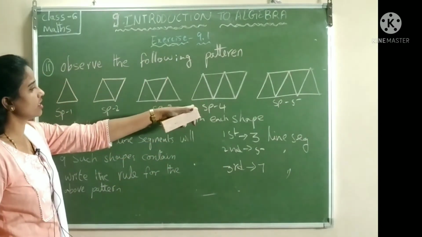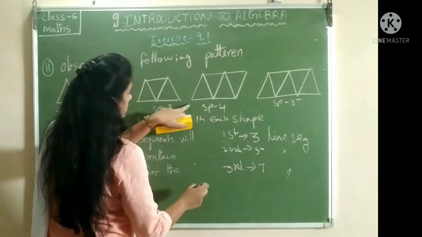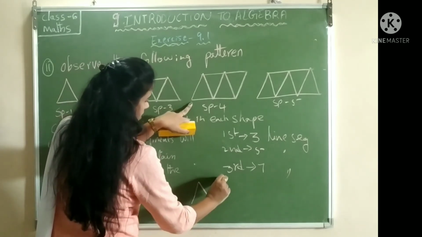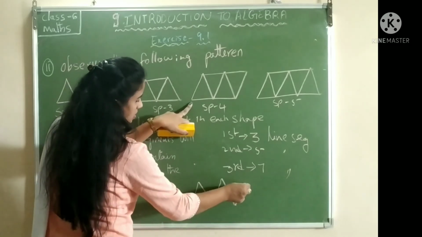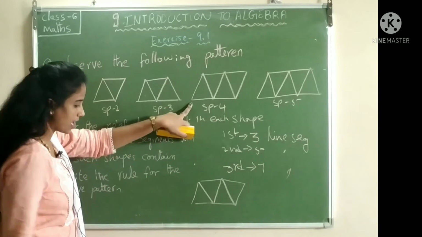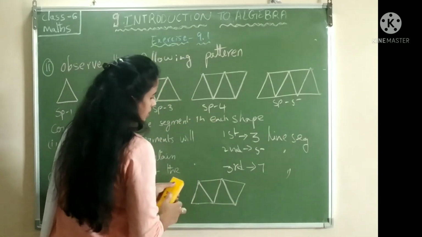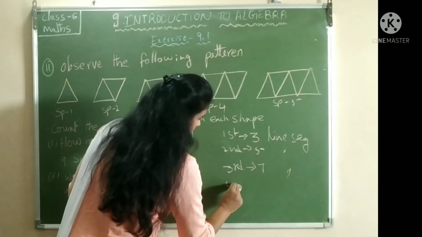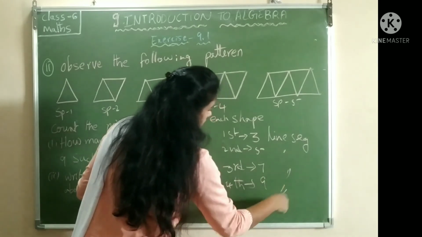And fourth shape, fourth shape has, see, 1 2 3 4 5. Okay. Again 6 7 8 9. 9 line segments. Okay. Fourth shape requires 9 line segments.